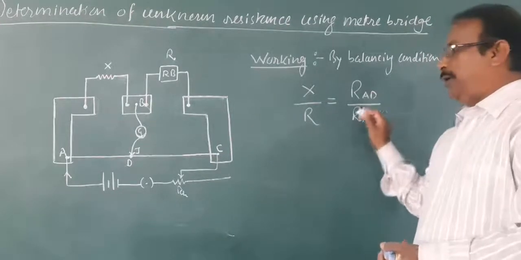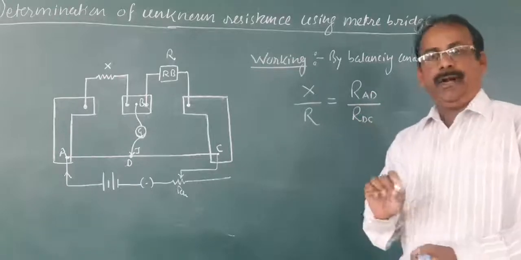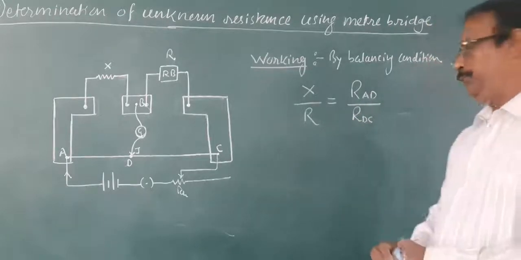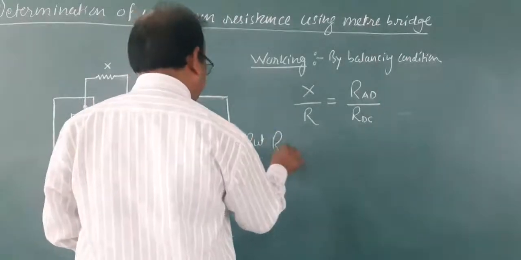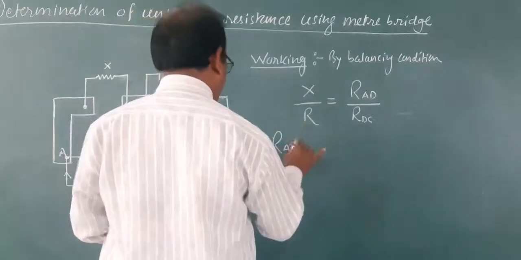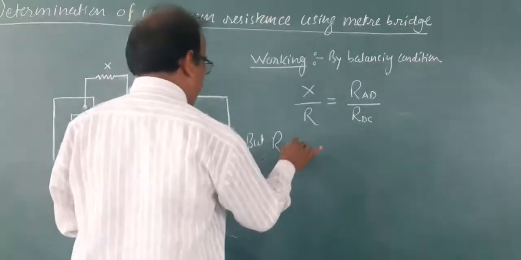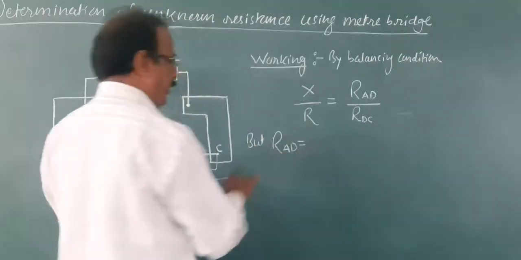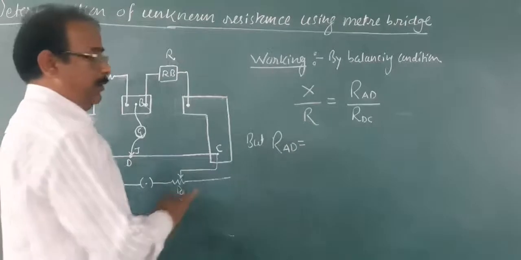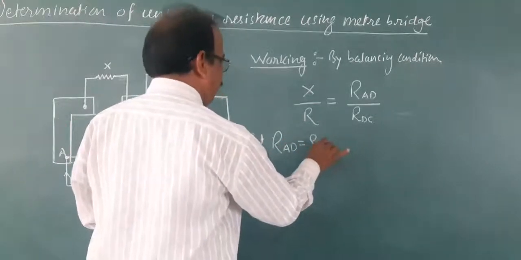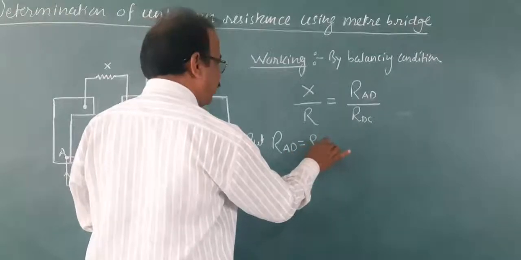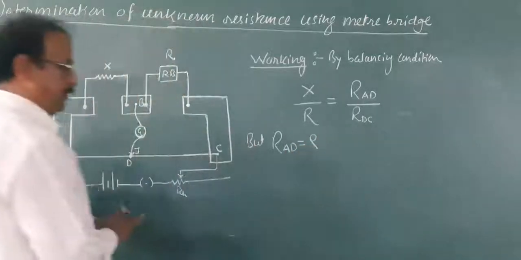Now, this RAD, RDC, how can we write? Resistance, you know that it is proportional to length and inversely proportional to area of cross section. By removing the proportionality sign, we can write rho times length upon area of cross section.